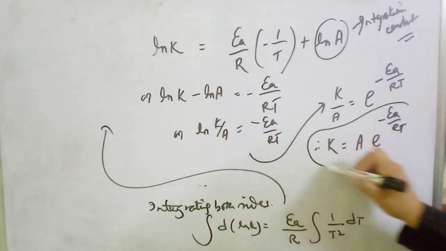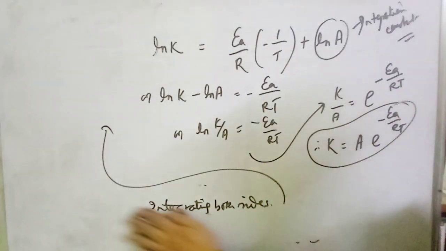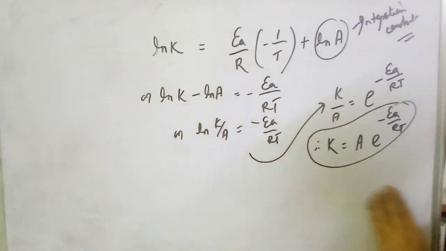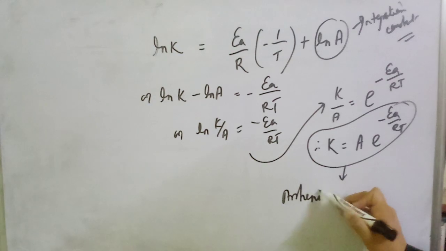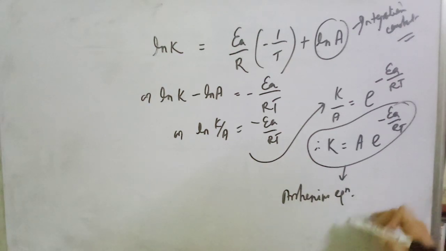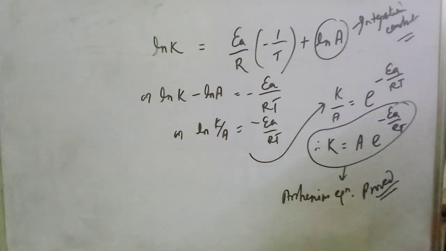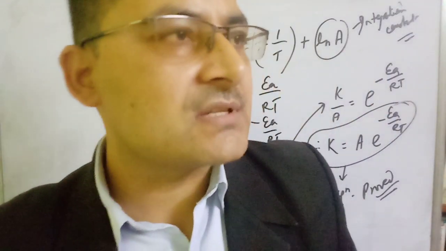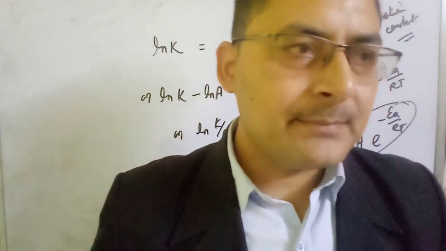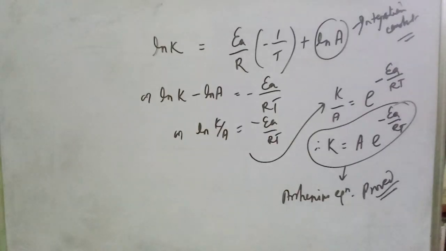This is the Arrhenius equation that you wanted to prove. In this way you can prove the Arrhenius equation very easily. You can start from the van't Hoff equation and get the Arrhenius equation, k equals A multiplied by e power minus EA by RT.